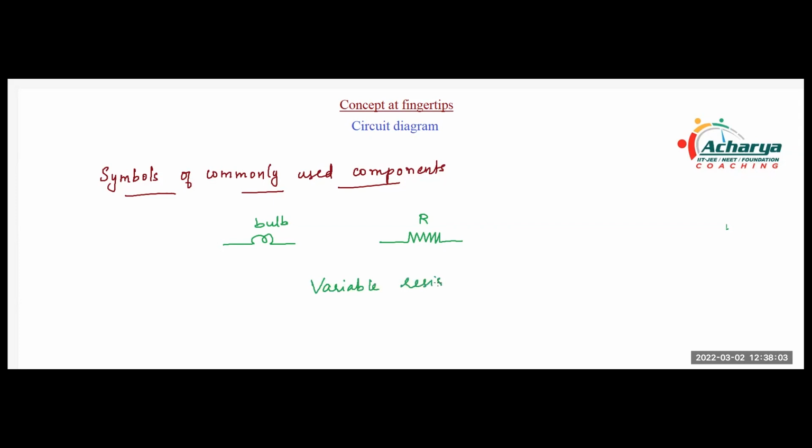We also call it a rheostat. This variable resistor is a type of resistor where you can vary the value of the resistance. It is represented either in this way or like this.